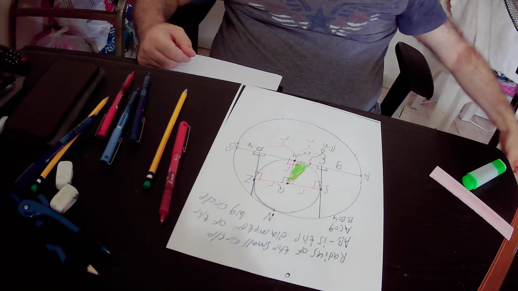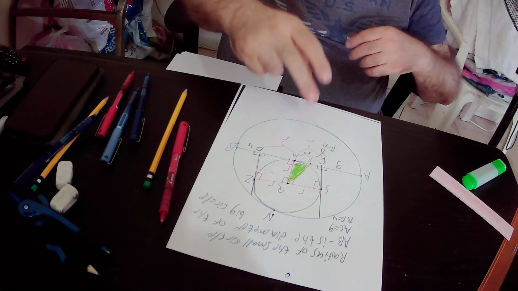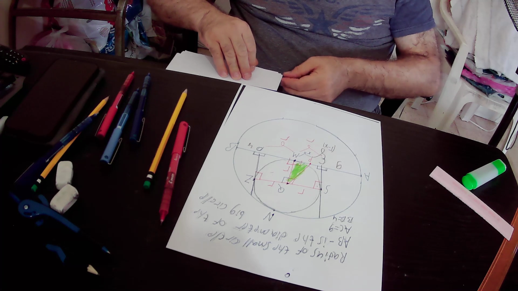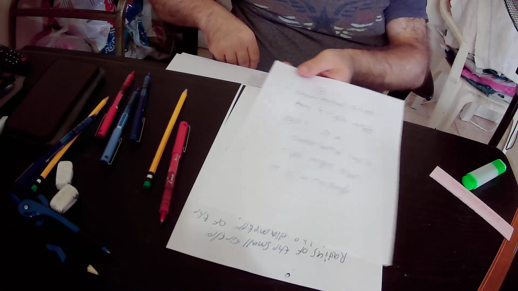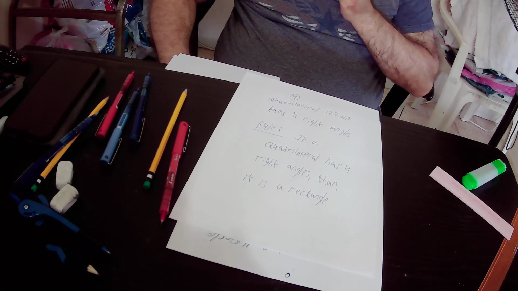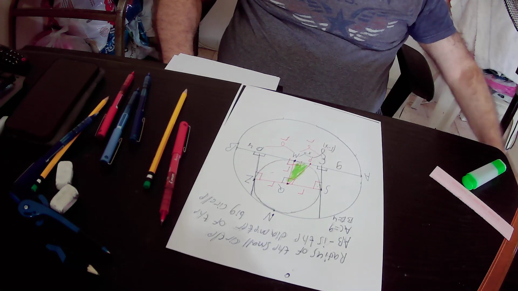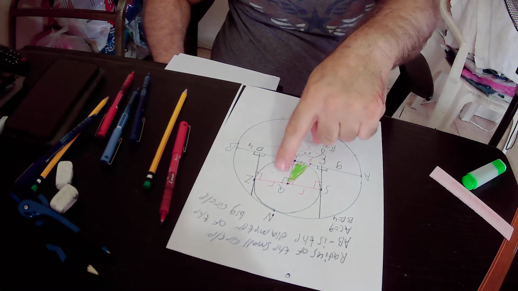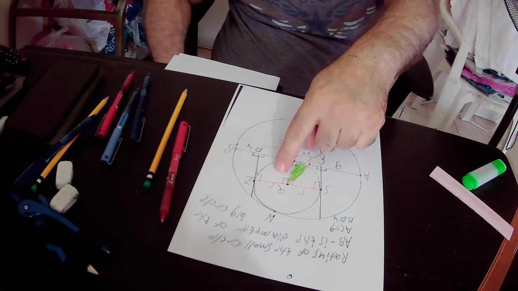So we have here a quadrilateral that has four right angles, and according to rule number 3, if a quadrilateral has four right angles, then it is a rectangle. So quadrilateral QZMD is a rectangle according to rule number 3.